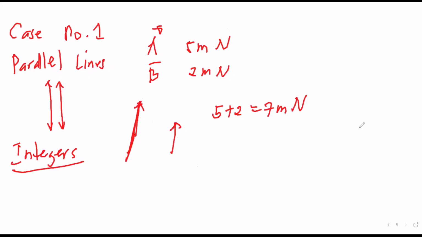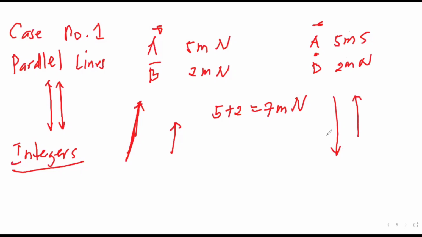Okay, so what if they are moving in different directions? For example, your A is 5 meters south and your B is 2 meters north.